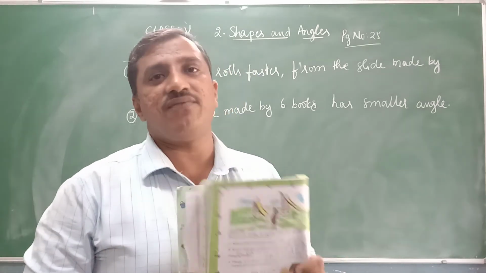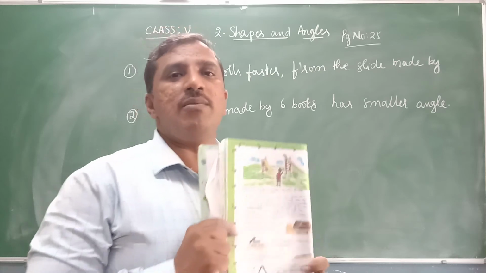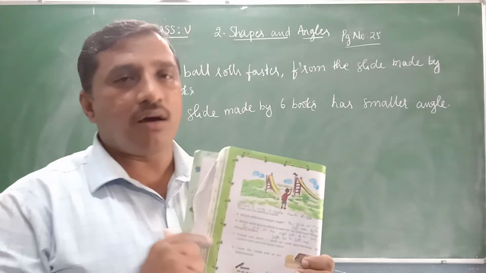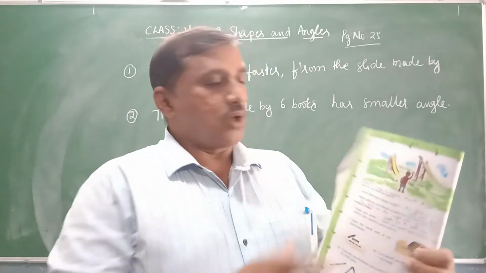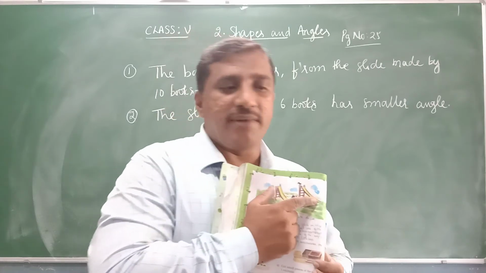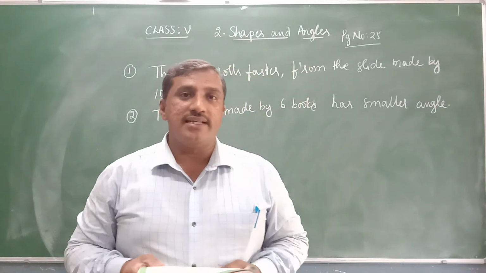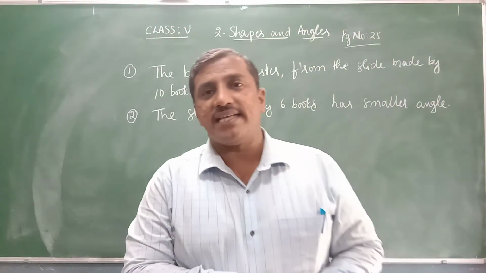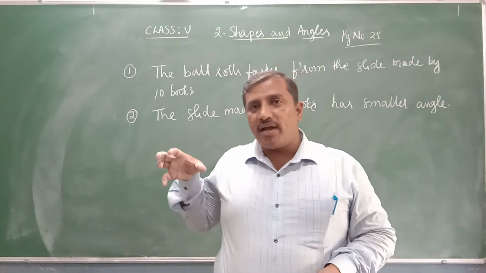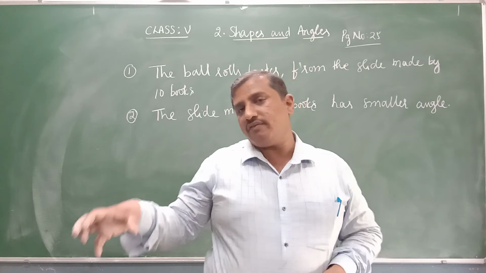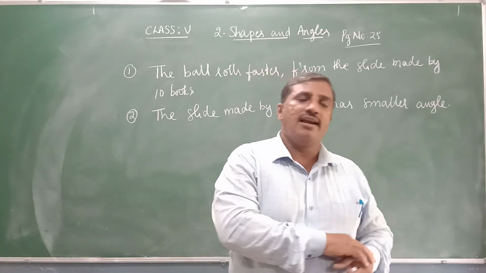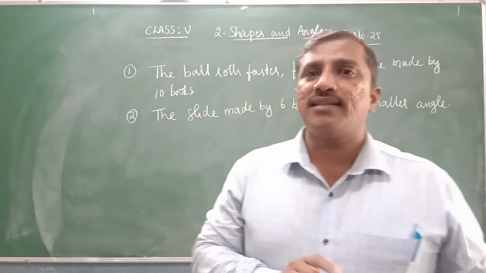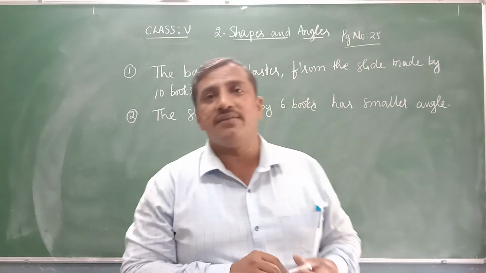Yes, which is safer, and which slide will be preferred by the little boy? So here the right side slide will be preferred by the small boy, because the slide angle is very small, so it is very safe. The boy will come down with lesser speed than with the left side slide. Hence the right side slide is safer.